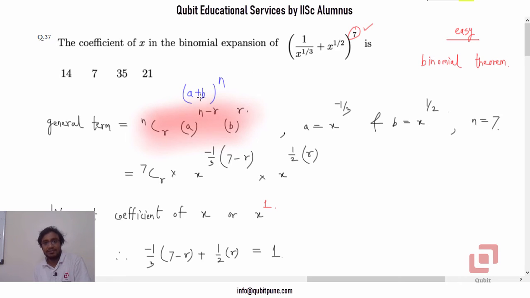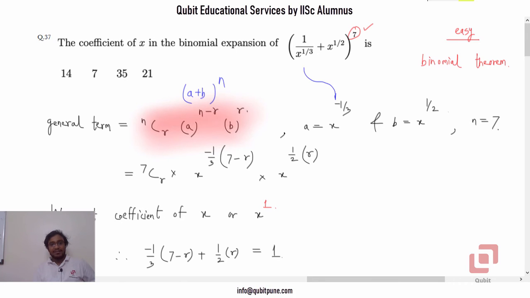So a is x raised to -1 upon 3, because that is in the denominator. b is root x or x raised to 1 upon 2, and n is equal to 7. So the general term would be 7Cr into x raised to -1 upon 3, which I have deliberately written in the numerator, into 7 minus r, because n is 7, into x raised to r upon 2, because b itself is root x, and it is b raised to r.